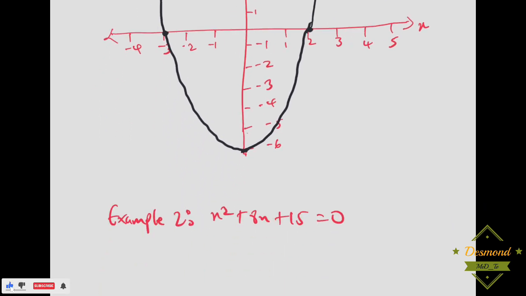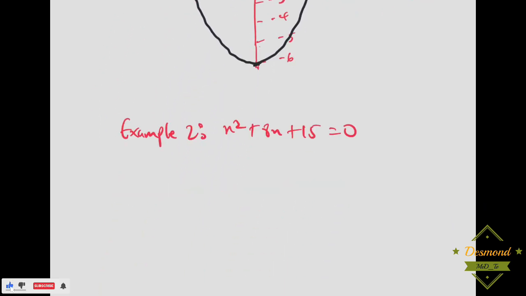Now, example 2, we have x squared plus 8x plus 15 equal to 0. Let's do it again. We find two numbers whose product is equal to 15 and whose sum is equal to 8. Now let's list the factors of 15.